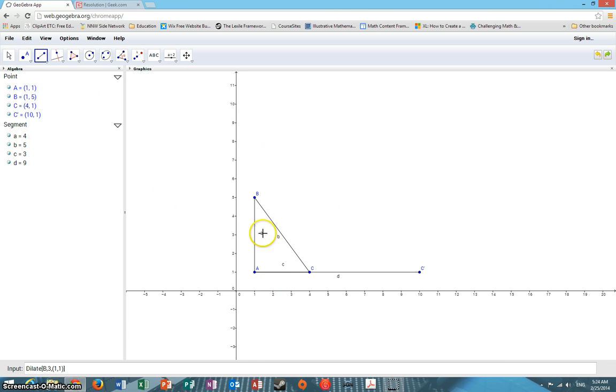If my original side here, this side was A, that has a length of 4, and it goes up to the point 1, 5. First of all, what do you think your new length will be if the original length was 4? We're multiplying by a factor of 3. Okay. And where will B prime be? If originally it was here at 1, 5, 4 units away from A, now where will it be if it is our new distance away after a factor of 3? Think about that.